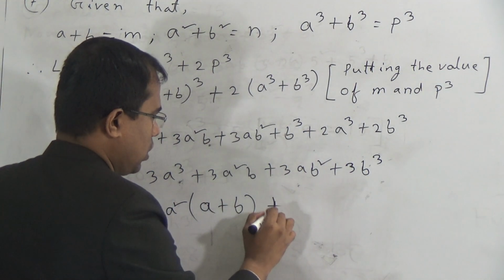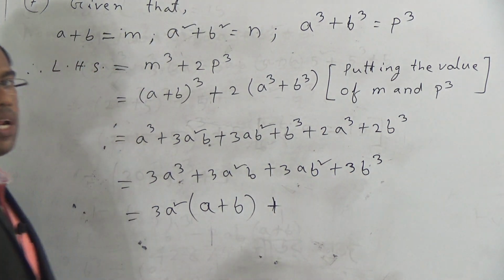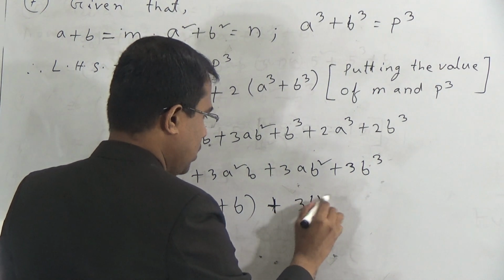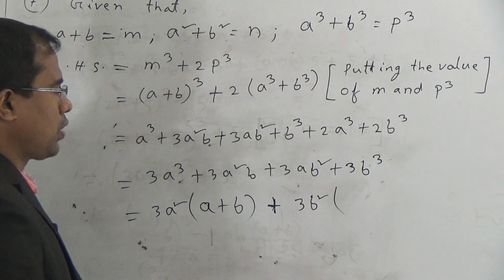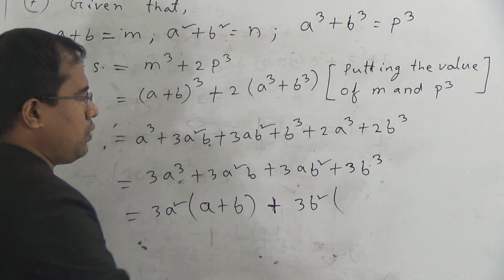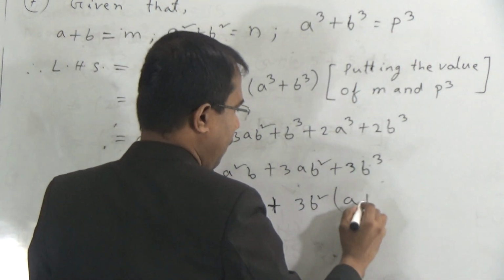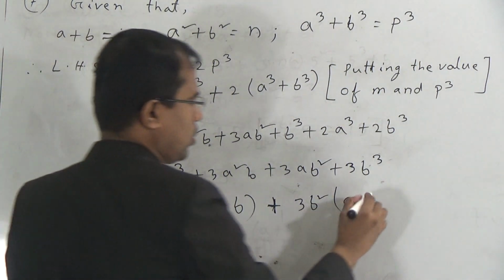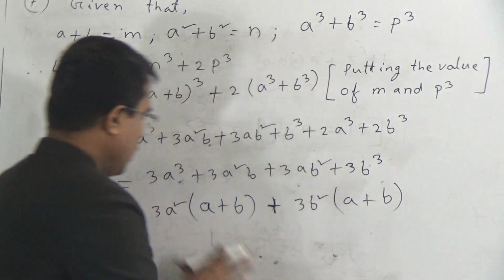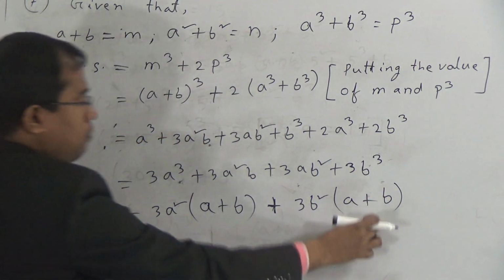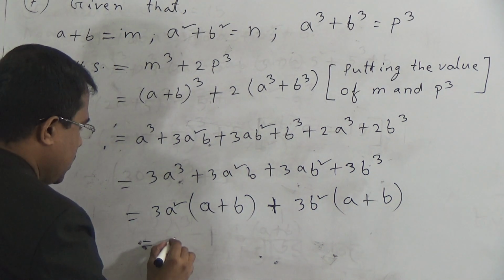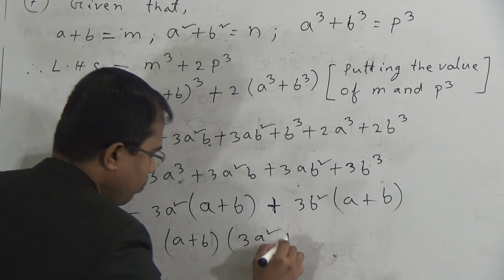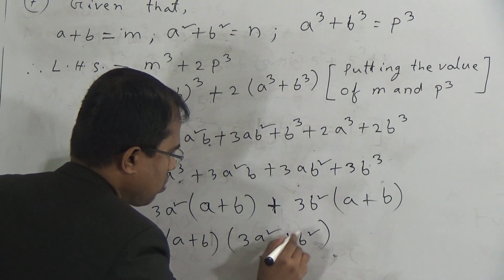Again in these two terms 3b square is common, so we can write 3b square outside of the bracket, and inside we write: if we divide 3ab square by 3b square, then it will be a, plus if we divide 3b cube by 3b square, then it will be b. In these two terms a plus b and a plus b are common, so we can write (a plus b) into (3a square plus 3b square).